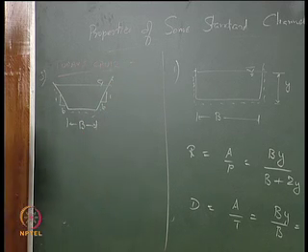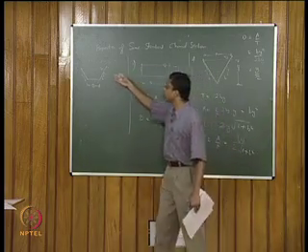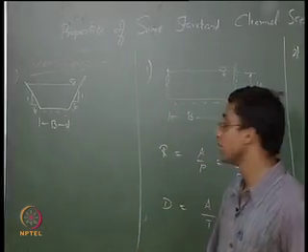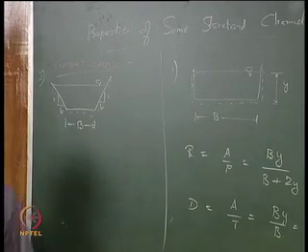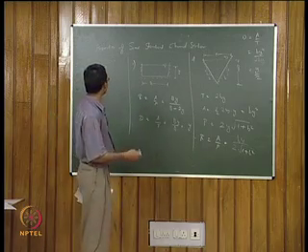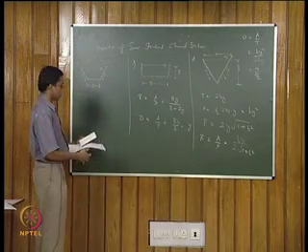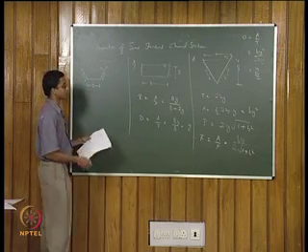Today's quiz also contains 3 questions. The first question is to evaluate the hydraulic parameters of the following trapezoidal cross section. So please evaluate it as soon as possible. We will allow you only 2 minutes to solve this.